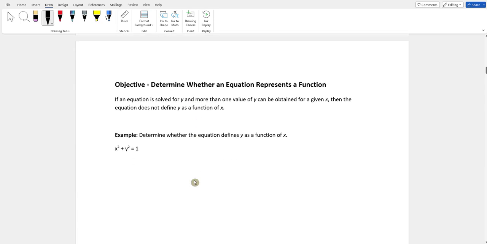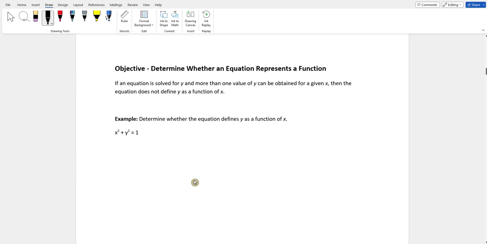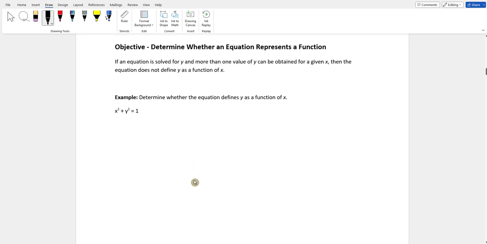Now we're going to determine whether or not an equation represents a function. If an equation is solved for y and more than one value of y can be obtained for a given value of x, then the equation does not define y as a function of x. So let's look at this first example. We have x squared plus y squared is equal to 1. We are going to get y by itself.